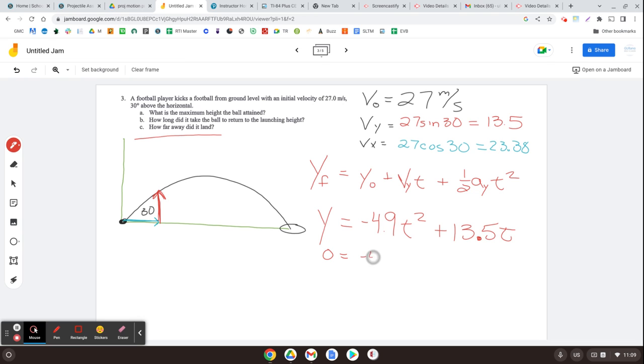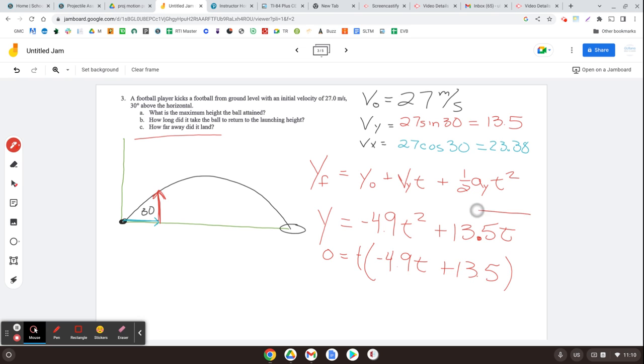I'll just solve it by hand. 0 is t times negative 4.9 t plus 13.5.